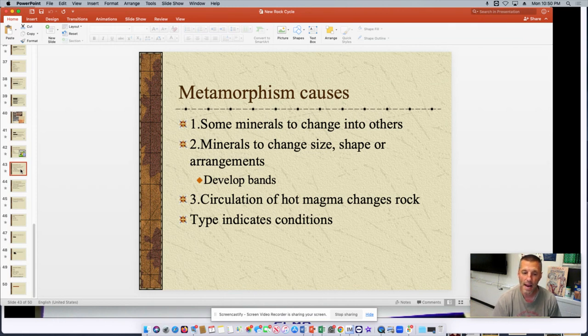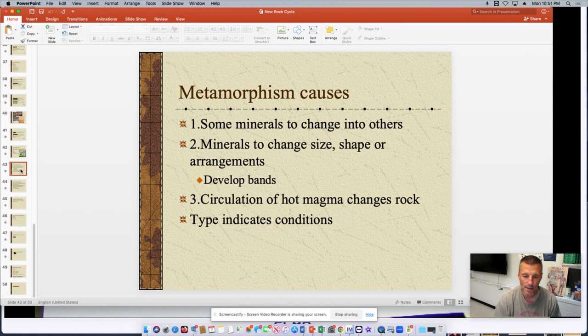They can develop bands, which in sedimentary rock are called stratifications, which was what we talked about Friday. But in the case of metamorphic rock, those same layers are called foliations. We'll talk about a couple of foliated metamorphic rocks, and I'll show them to you on the camera in a little bit. But they have bands or layers.